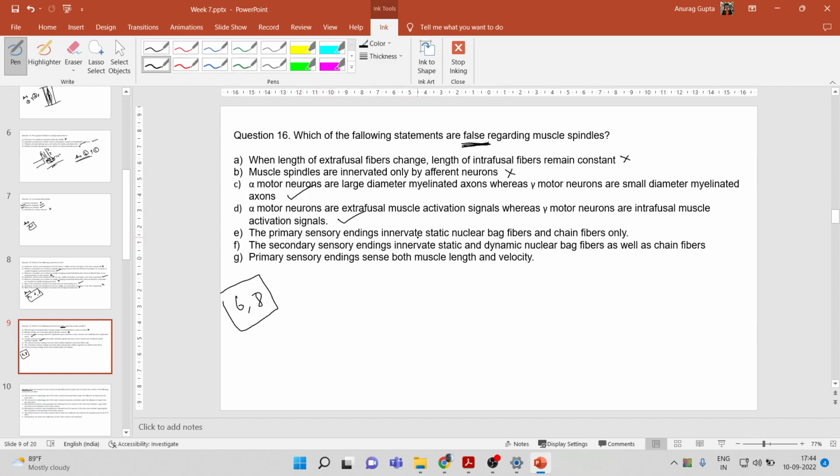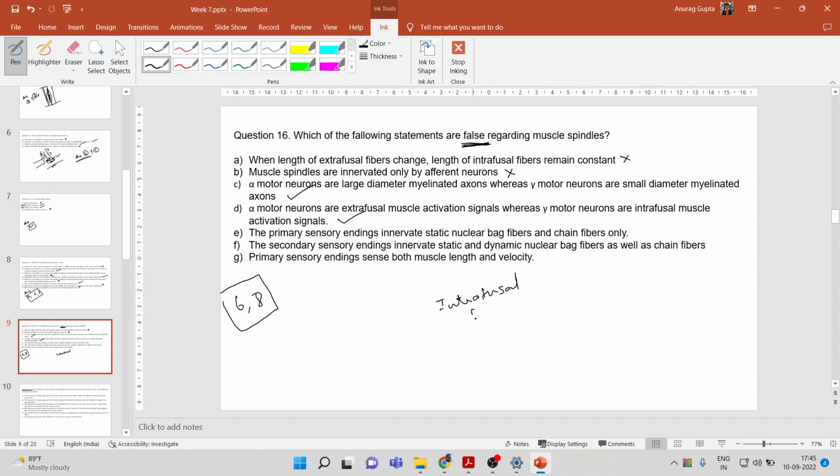The primary sensory endings innervate static nuclear bag fibers and chain fibers only. Actually, the primary spindle. Okay, let us recall that there are different types of intrafusal fibers.